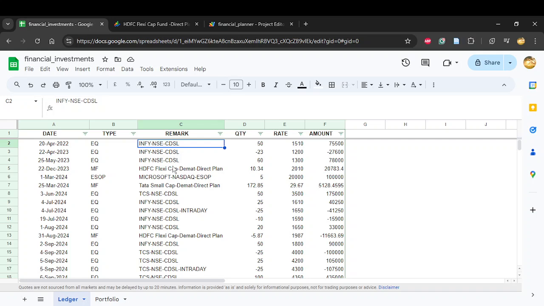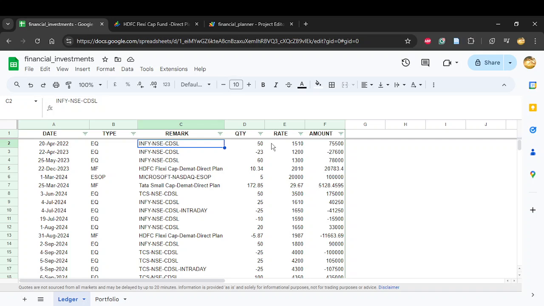And whatever we put in this remarks for identifying each of these stocks, we have to be using the same pattern, the regex expression, to identify which stock to take while calculating the unrealized profit and losses as well as the realized profit and losses.